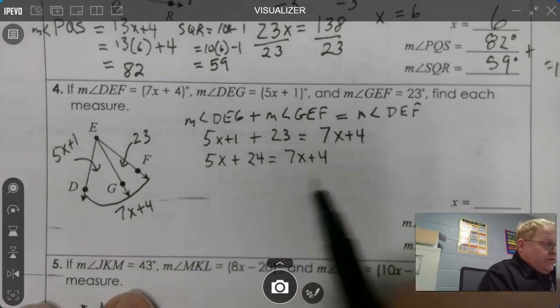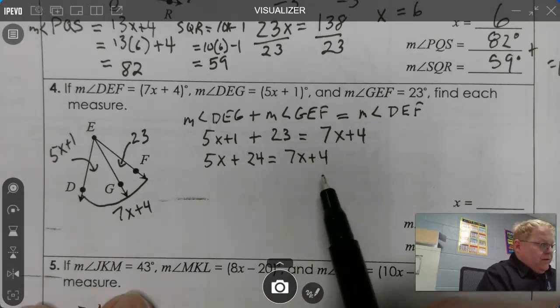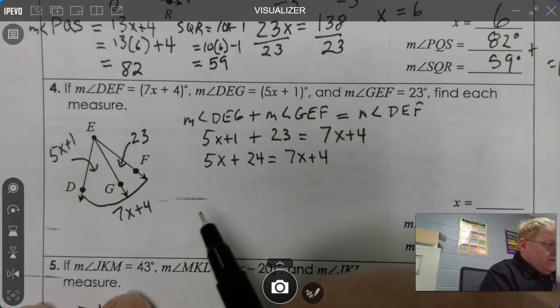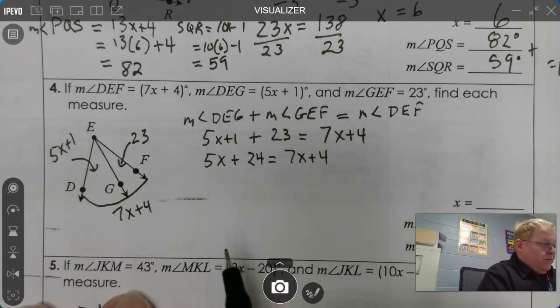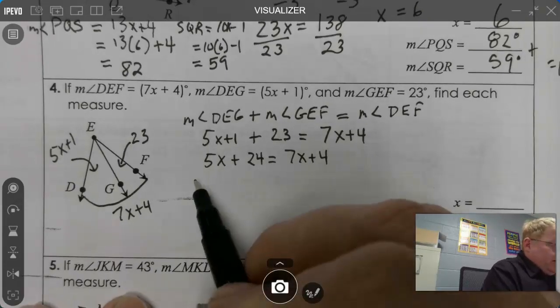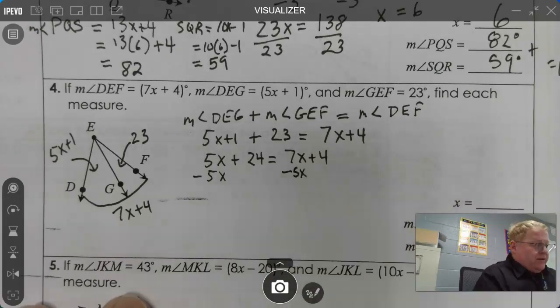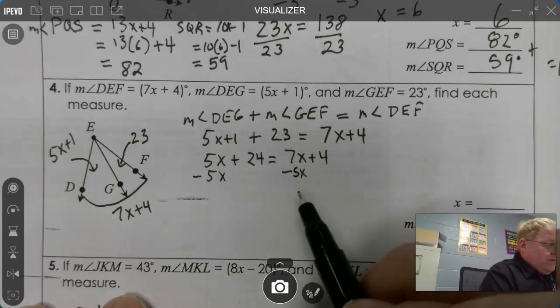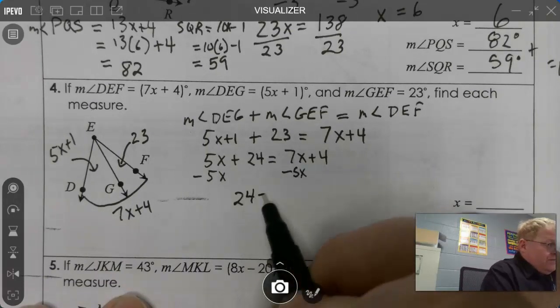Again, you could use Desmos on this. You could put it into the graphing function and figure out the intersection, and we've practiced that before. I will review that on another video. Alright, so I'm going to bring the x's. I always try to subtract the small amount of x's from the bigger amount, so that I end up with a positive x.